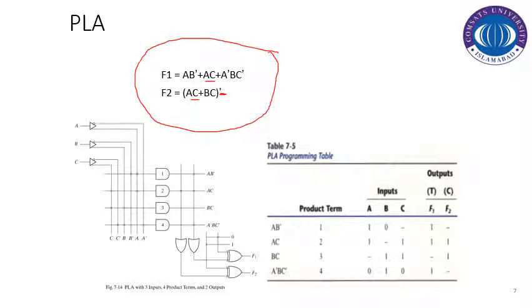So this setup will produce a prime and a on these lines, similarly b prime and b here, and c prime and c here. We have to generate the product terms by using these. This is the programmable AND array.